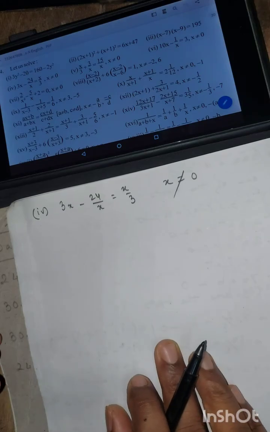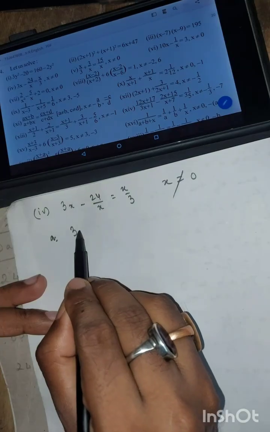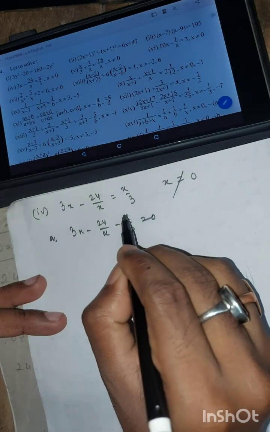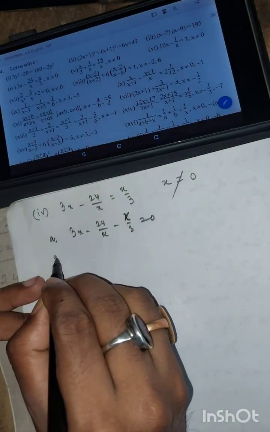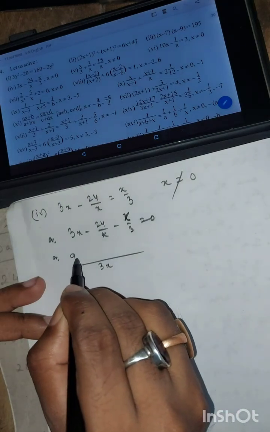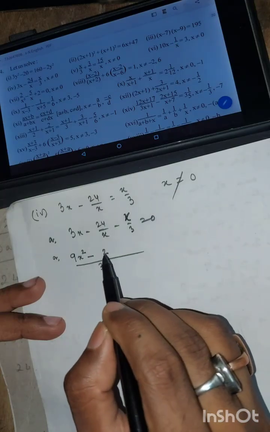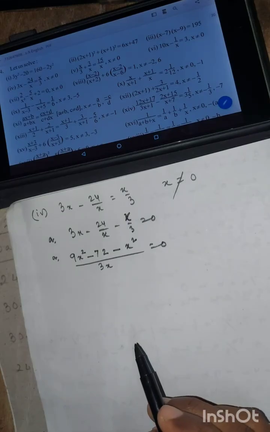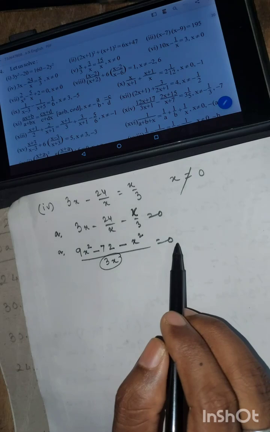Let us solve it. If we send 3x to the right side of the equation, it gets multiplied to 0 and becomes 0.